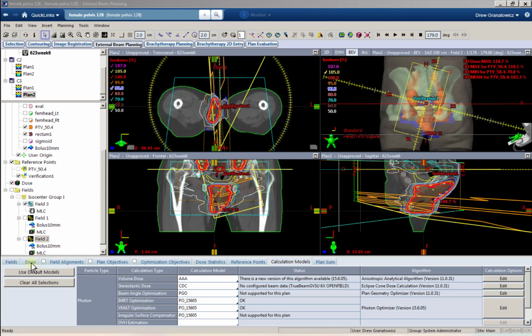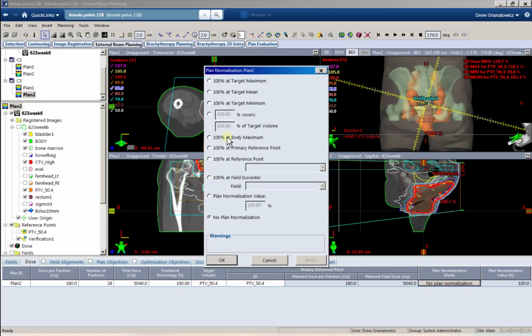All right, guys, that is done. It's normalized to 95% coverage.